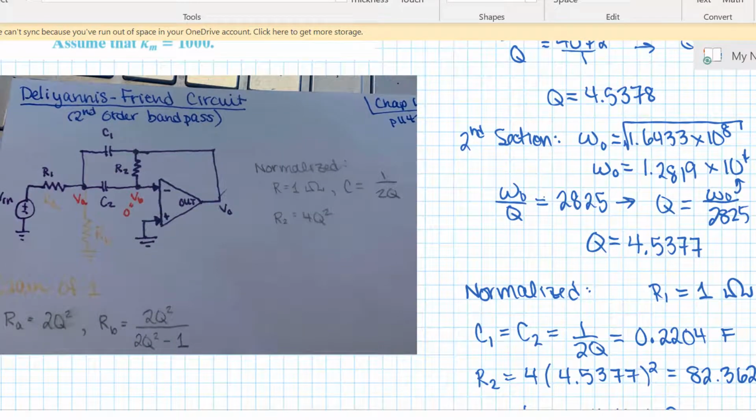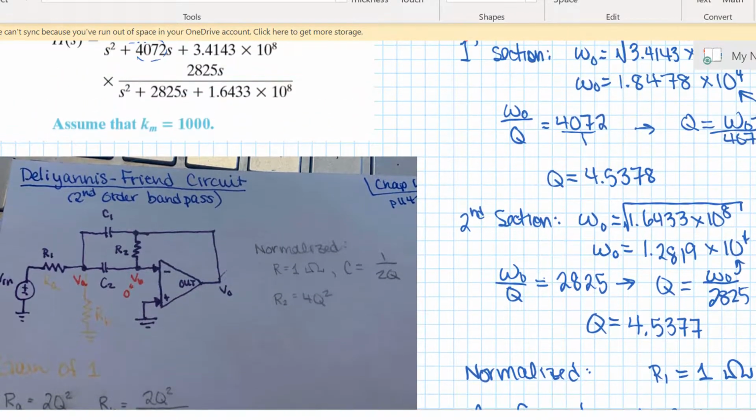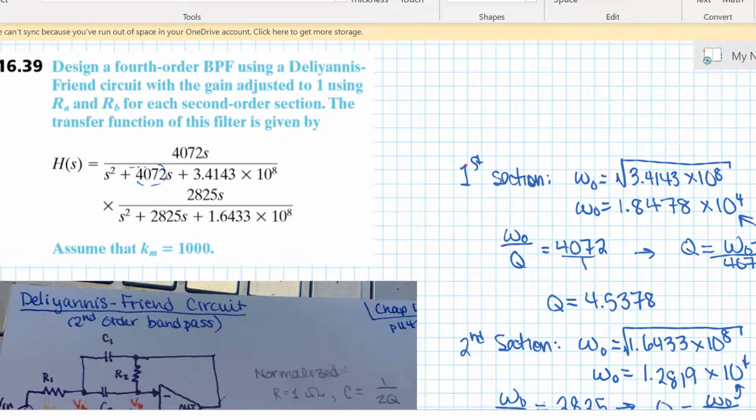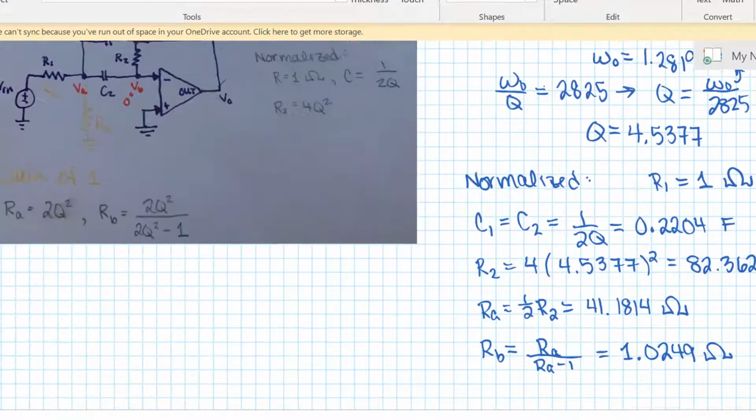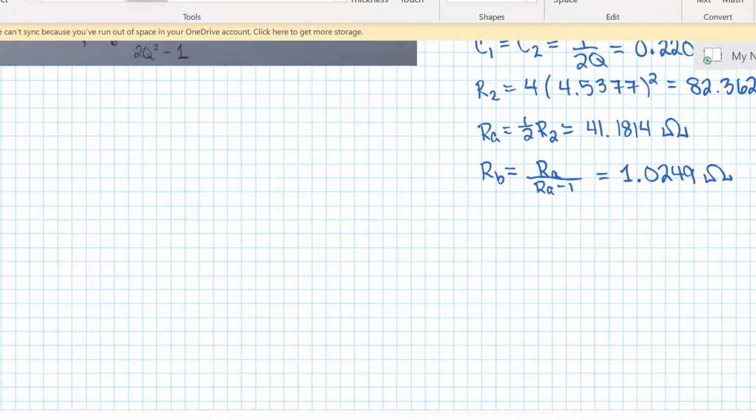But when we're doing magnitude and frequency scaling, for the resistors, and this is regardless of which type of filter you have, R new is always just equal to Km times R old.